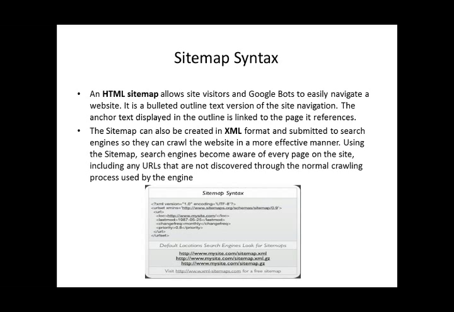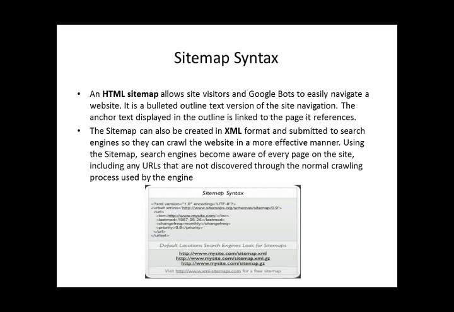An HTML sitemap is the inclusion of all the URLs on the website, categorically put into a web page that has links to all the internal pages of the website. This is important as it is a bulleted outline text version of the site navigation, and the anchor text displayed in the outline is linked to all the pages of the website.